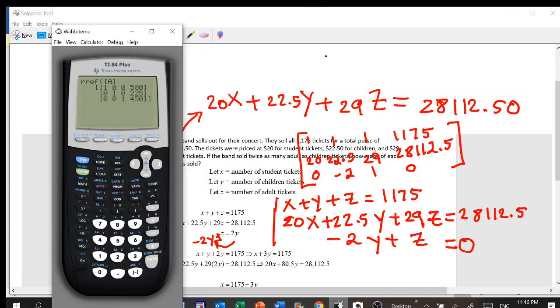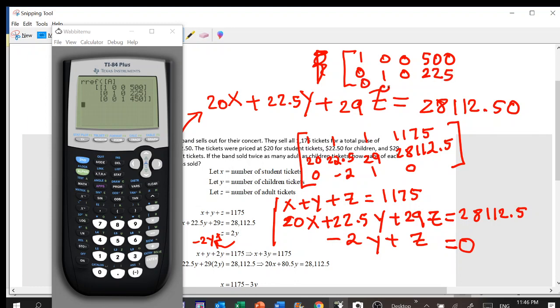So we got, let me do the whole matrix. You see 1, 0, 0, 500, and then 0, 1, 0, 225, then 0, 0, 1, 450.